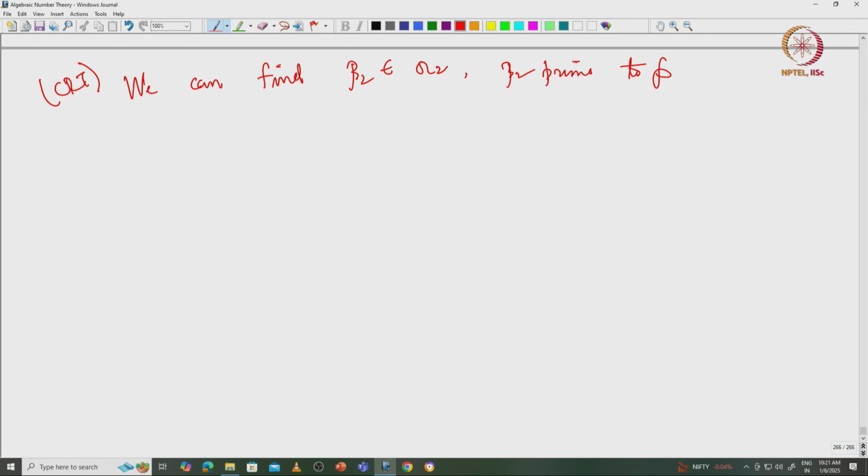So we can always do that, and then beta 1 I can write as beta 2 alpha by pi to the m. This is in A1. And now I know that beta 1 and beta 2, neither of them are in P. Hence, if I take valuation of beta i, this will both be 1.